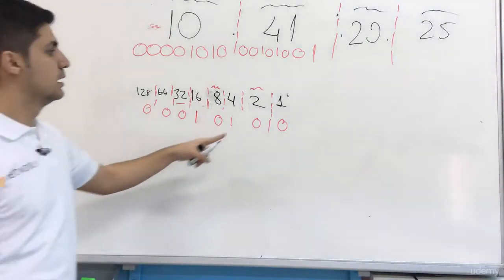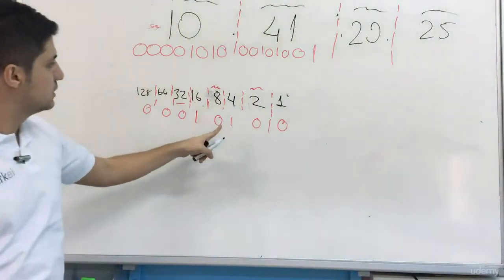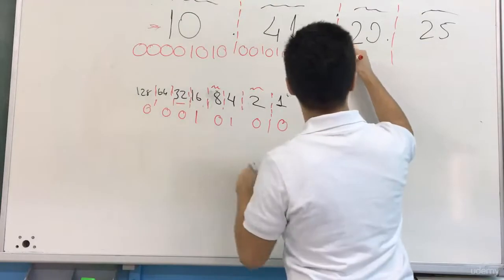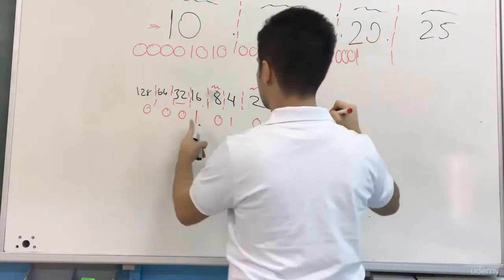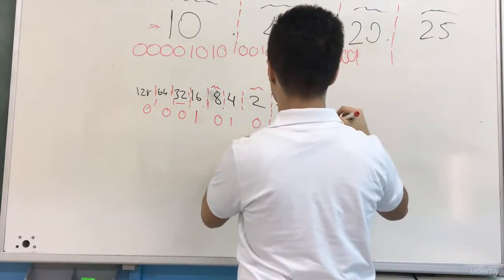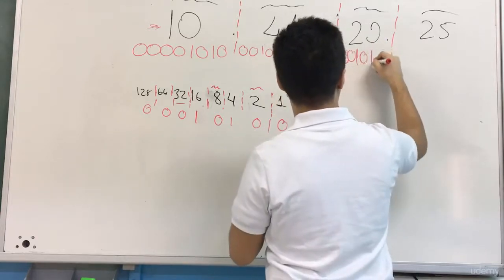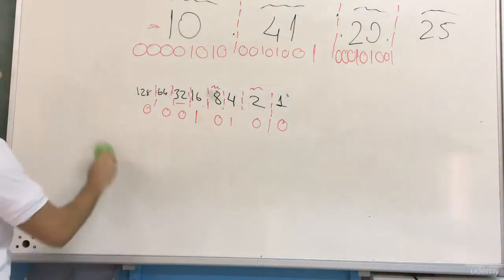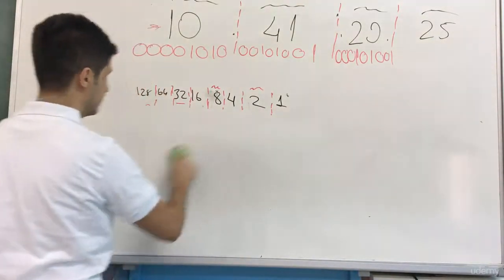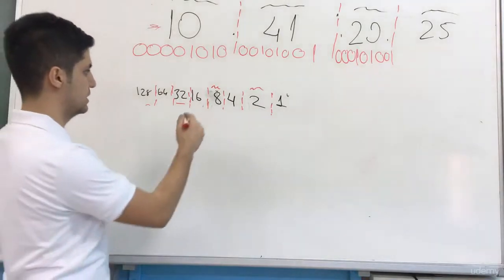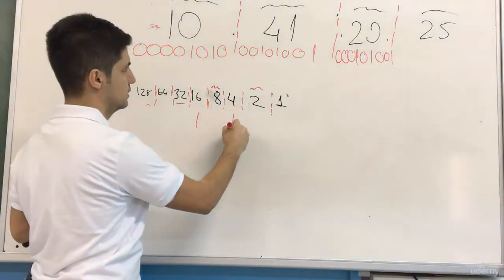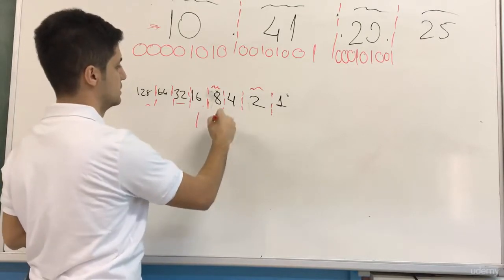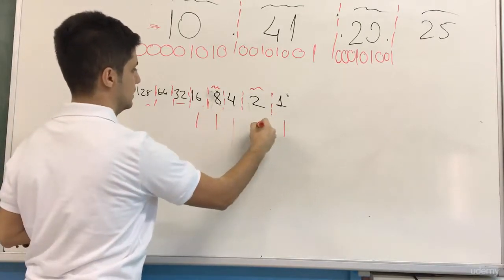All right, let's take a look at our end result now. 0, 0, 0, 1, 0, 0, 0, 1, 0, 1, 0, 0, 0, 1, 0, 0. Okay, clean it. And we need 25, and that's going to be this, not this, this.